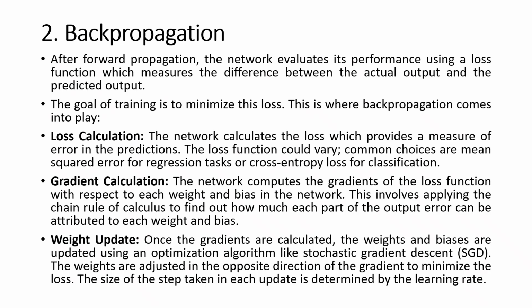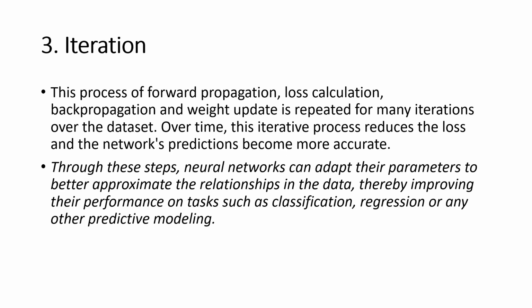In back propagation, we first calculate the loss using the loss function, and in order to minimize that, we take the gradient of that loss function, that is the derivative, and then we update the weights. The optimizer will update the weights. This process will be repeated over time, this will reduce the loss, and so the network will become stable. So this is iteration. Iteration is done to minimize the loss.